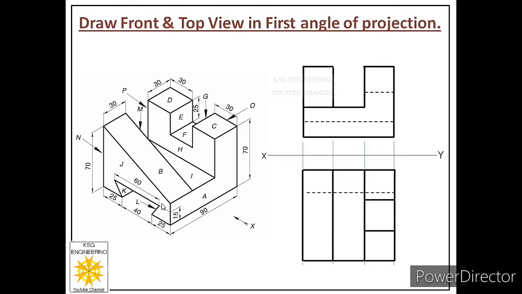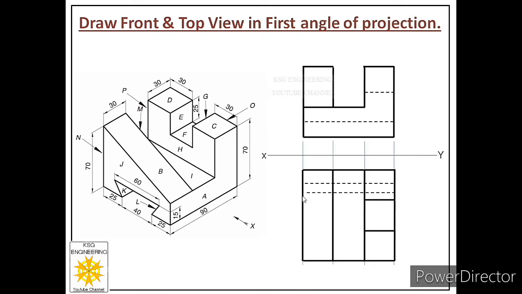Divide by 2. It means this is 15. It means this edge of face K is at 15 mm from behind. So from behind we will measure 15, and from that point we will start the second edge with a dash medium line. So we have shown this hidden edge of face K over here with a dash medium line.